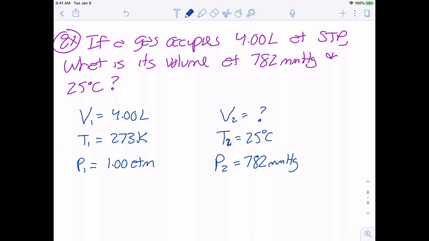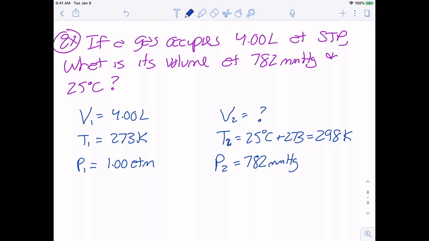So if I have atmospheres on one side and millimeters of mercury on the other, they either both need to be atmospheres or they both need to be millimeters of mercury. I'm not going to actually have the gas constant in this problem, so whether it's one or the other, it doesn't matter. Our temperature, however, always needs to be Kelvin. So I am going to add 273 to this to get Kelvin. So 298 Kelvin is going to be my temperature.